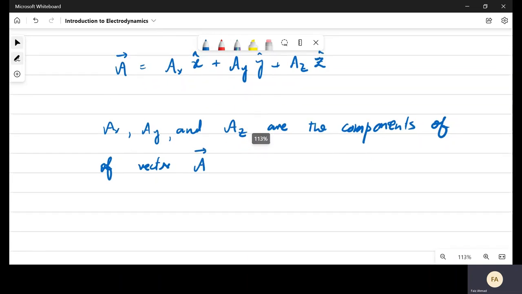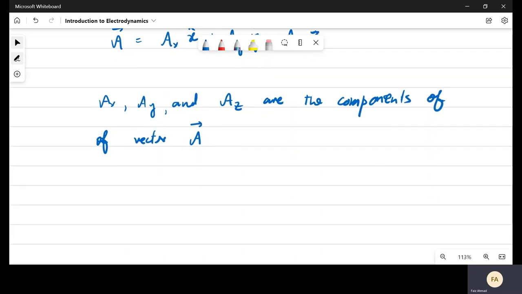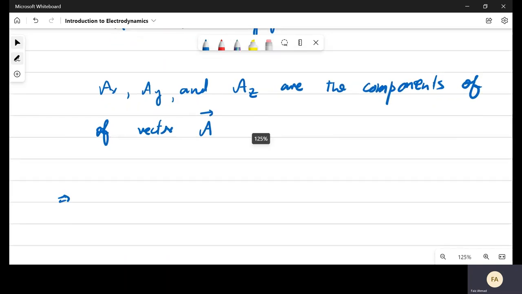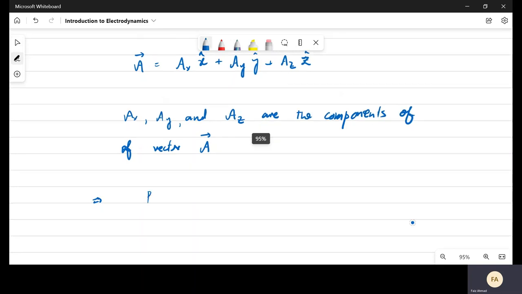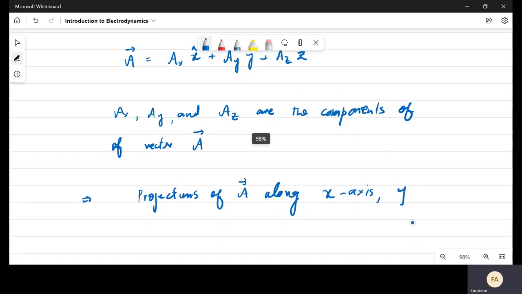So what actually are ax, ay, and az? Geometrically, they are in fact projections of a along the x-axis, y-axis, and z-axis.